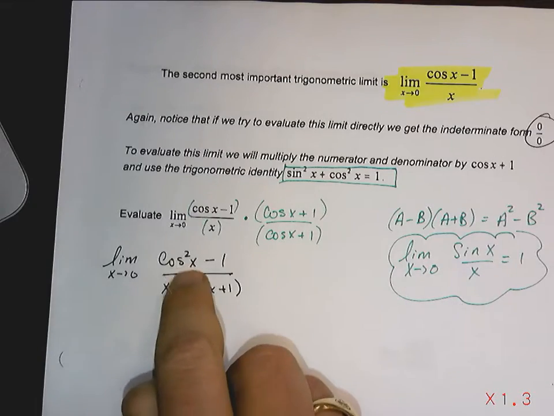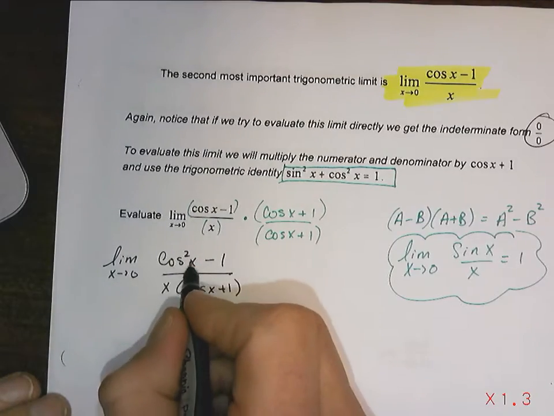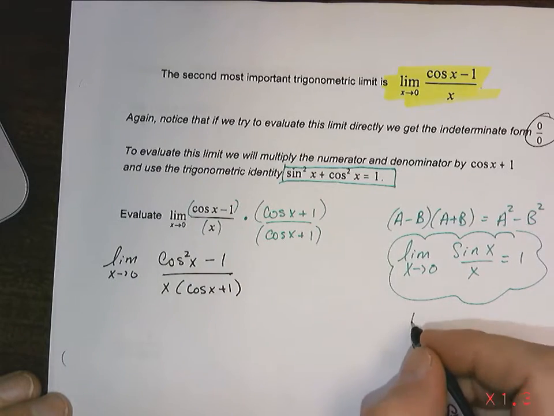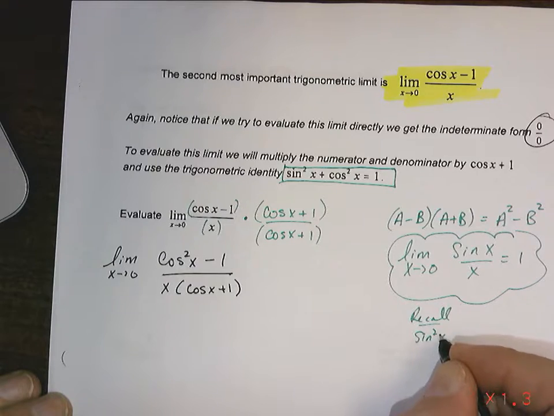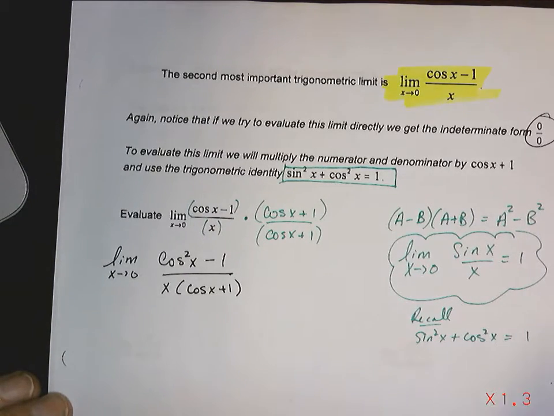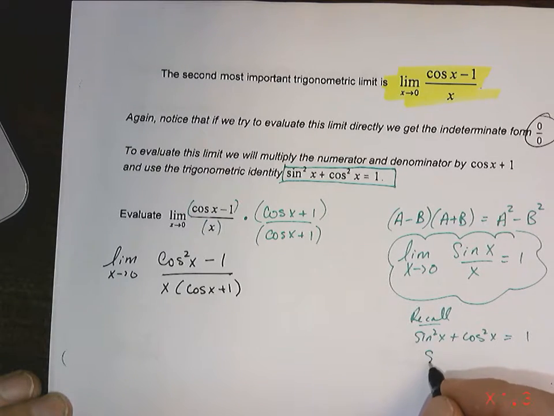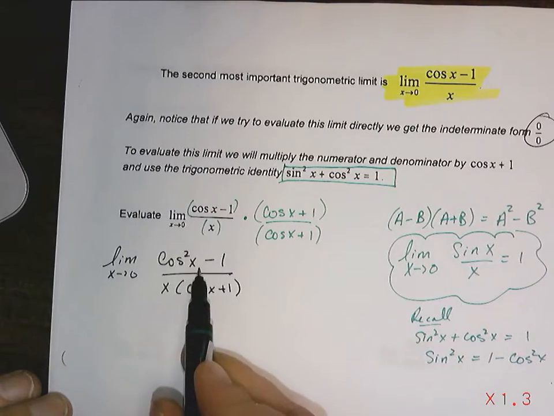So what I notice here is that cos squared x minus 1, if we recall that sine squared x plus cos squared x equals 1, then we can figure out that sine squared x equals 1 minus cos squared x. That's close to what we have.